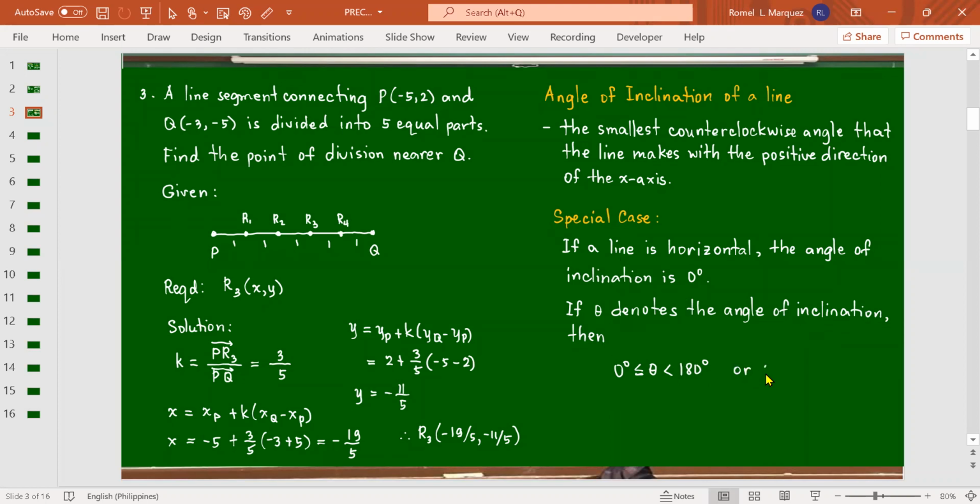Or in radian measure, from 0 to less than pi, no? Pi is 180 degrees. So this is in radian measure, and that was in degree measure. Is that clear, children?